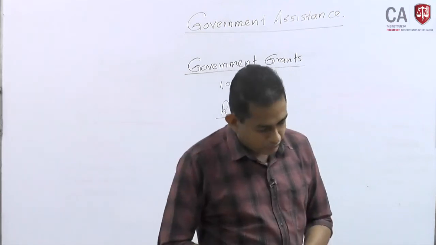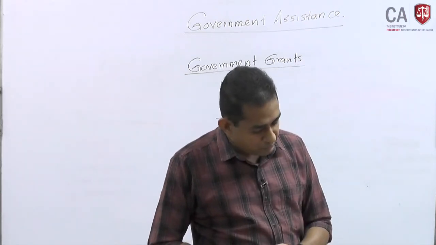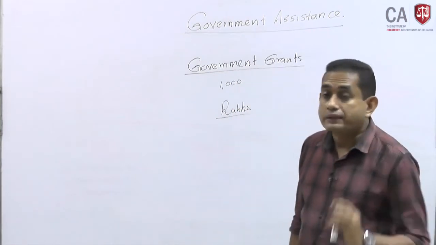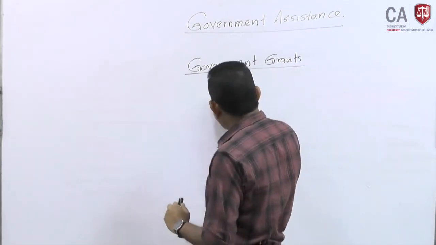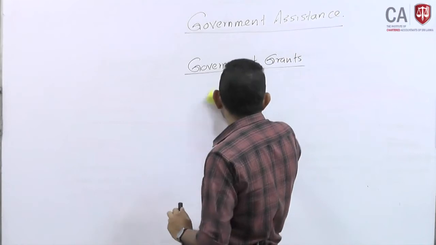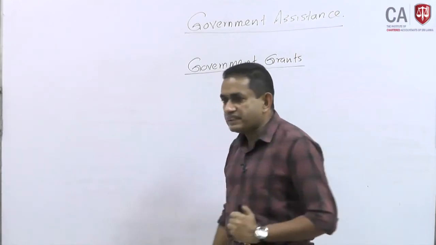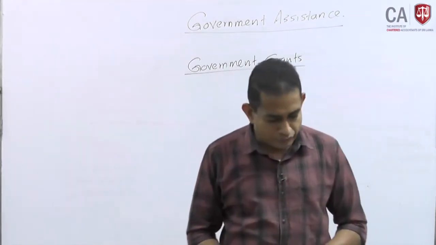We have just gone through the definition of government grants, and let me give you some examples and also tell you how government grants can be distinguished from government assistance.